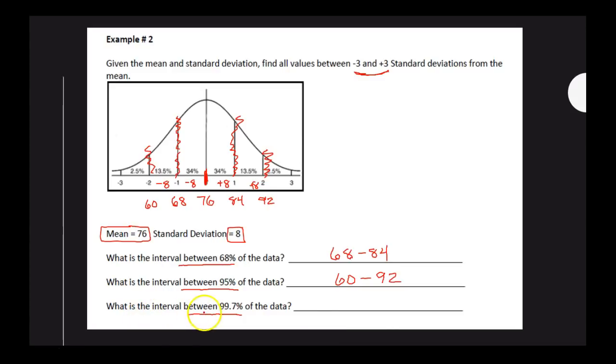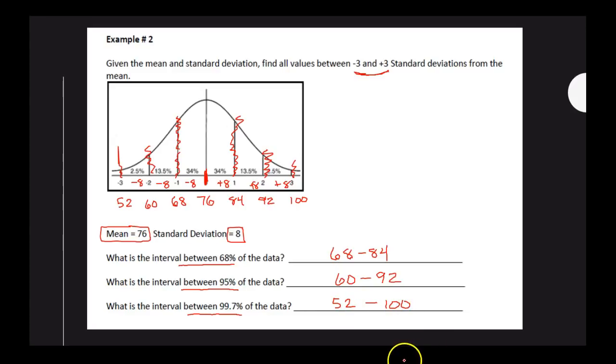And then for the third standard deviation, to get us to 99.7%, we'll minus another 8, taking us down to 52, and we'll add another 8, taking us up to 100. So the interval for 99.7% of the data in this set would go all the way from 52 to 100.